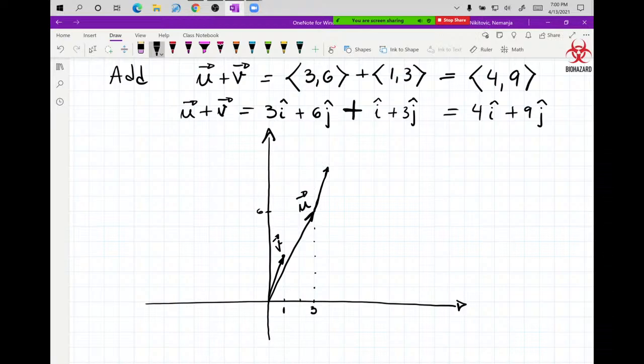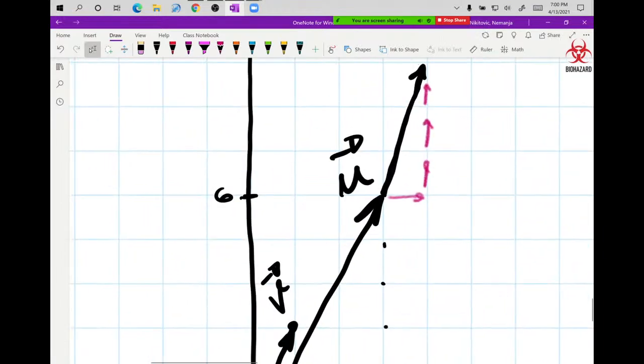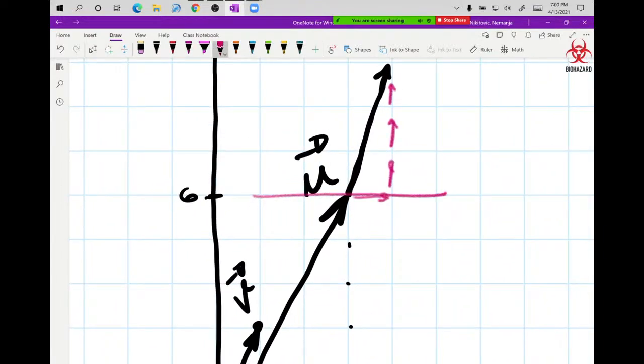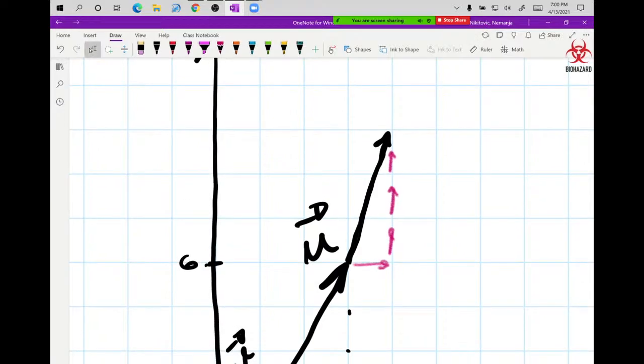And as you can see, it is still 1 i and 3 j's. So you can think of the tip of vector u over here as the new coordinate system in which you are going to put the new vector. All I did is I went to the end of u and added v on top of it, and you can see that it's still 1, 3. So this is my vector v.